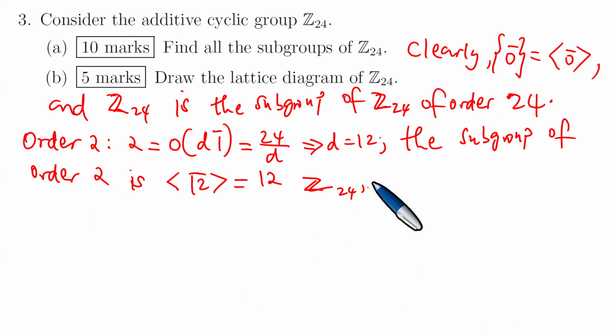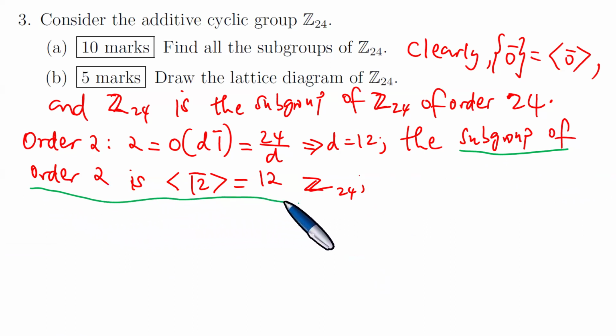Look at the nature of the way we argue these out, because these questions are going to be there. They're just going to change Z something to Z something, but the expected presentation is surely this one. Remember, I want to find the subgroup. So the subgroup of order 2 is 12 Z24. We found the subgroup of order 2.